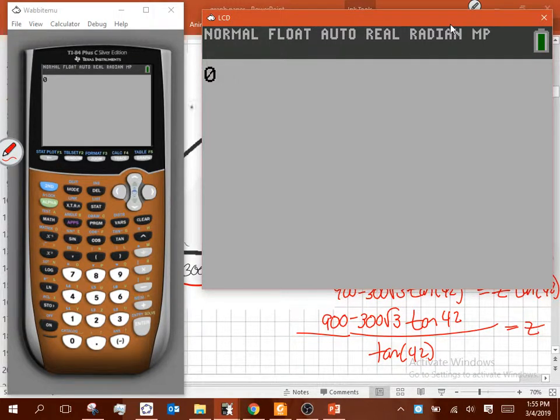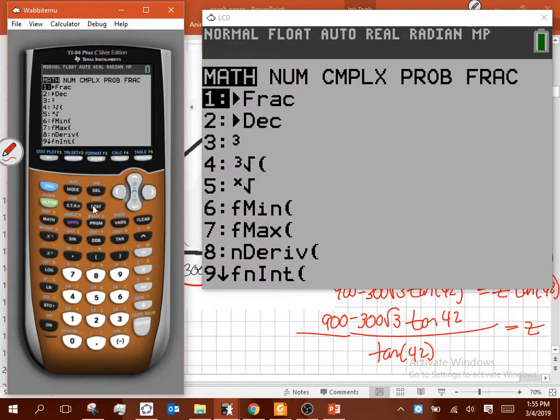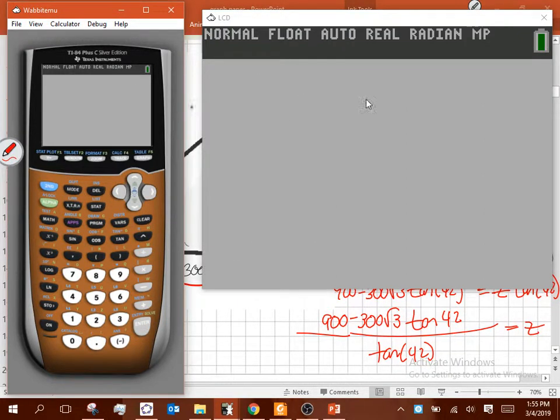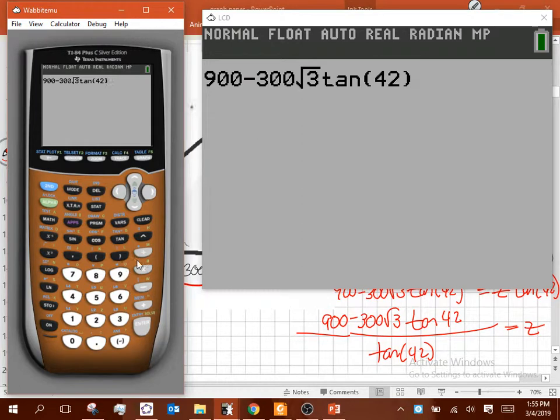All right, so we're looking at, if I were to type in 900 minus 300 square root of 3, tangent 42, and then divide by tangent of 42.